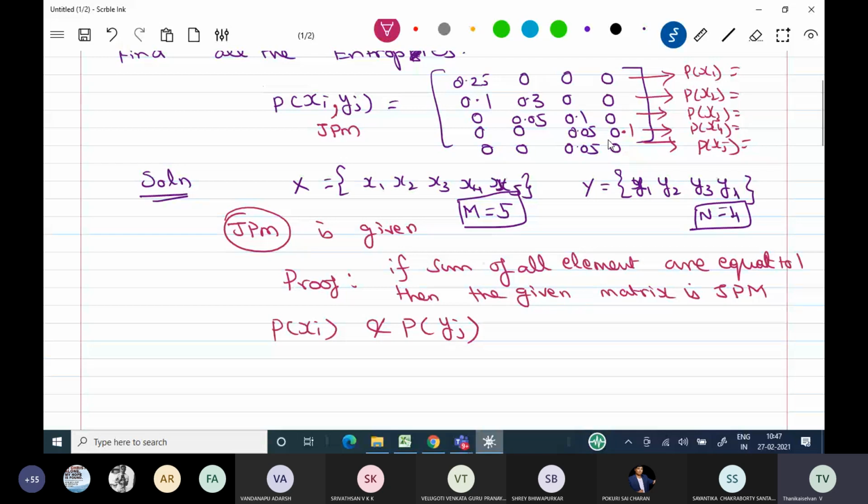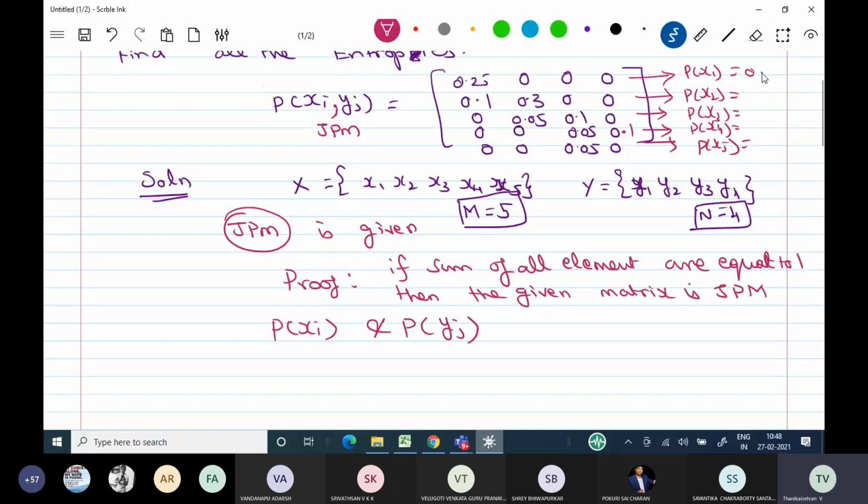First problem I took conditional probability. Now joint probability is given. If the joint probability matrix is given, they will not give the source symbol probability and the destination symbol probability.